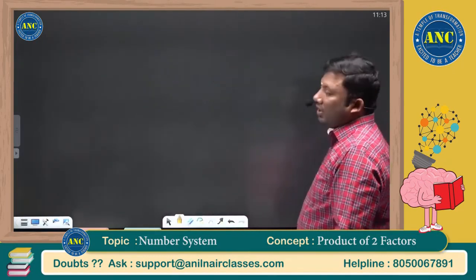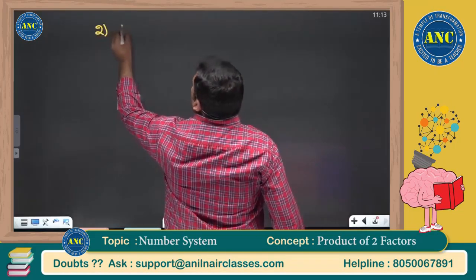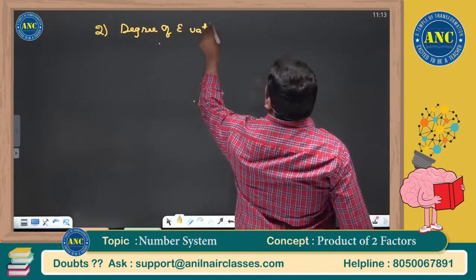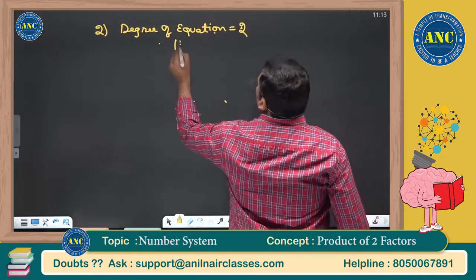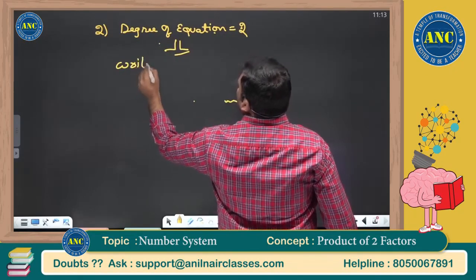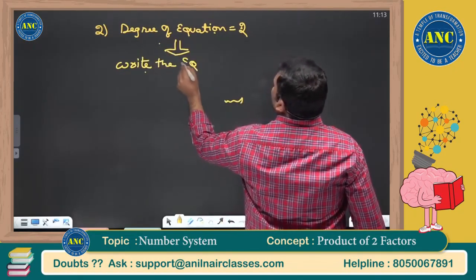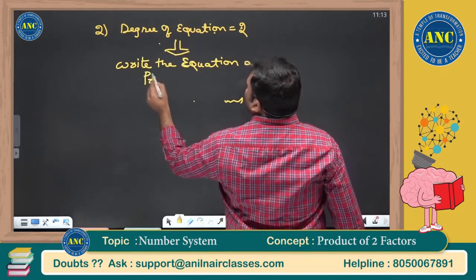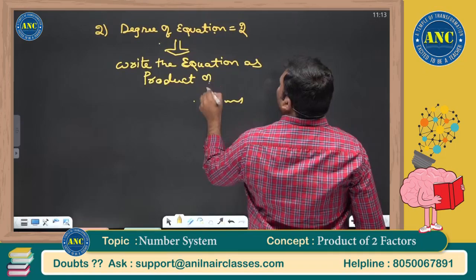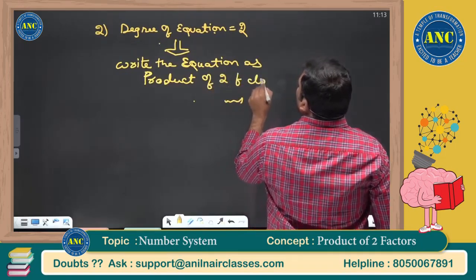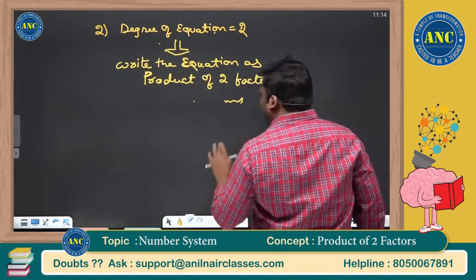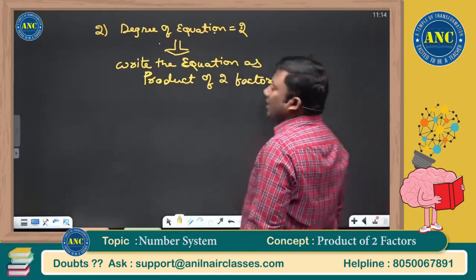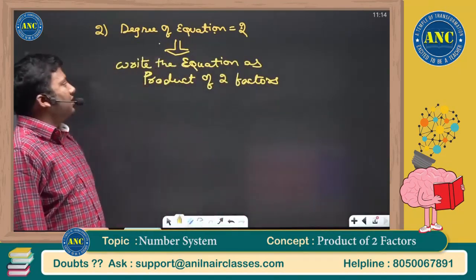Now let us see the second key point. If the degree of the equation is 2, write the equation as a product of two factors.